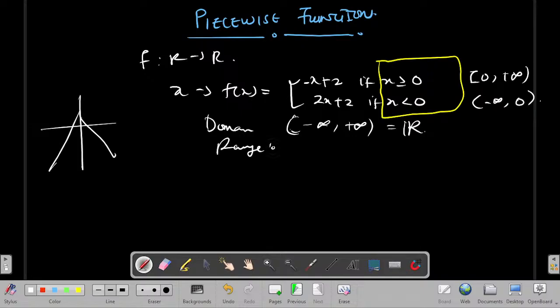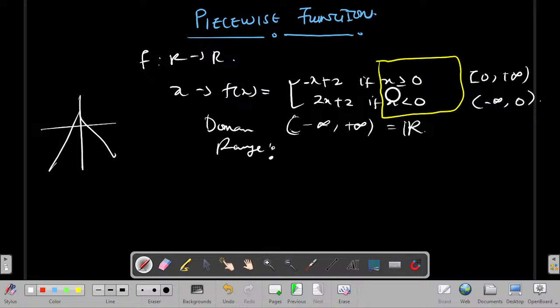Now, what's the range? Let's analyze the range carefully because finding the range of a piecewise function can be a little tricky. So please, let's check it very well. For the range, you massage your domain to get your range.